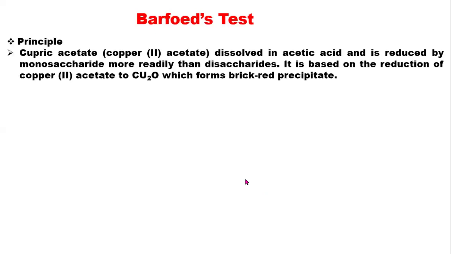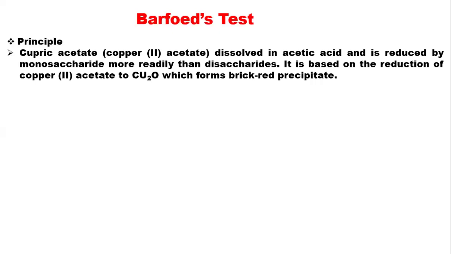So let's proceed. For Barfoed's test, we are looking at a test that is similar to Fehling's reaction, but we have not discussed Fehling's reaction. Fehling's test looks at the aldehyde and ketone carbohydrates, that is aldoses or ketoses.